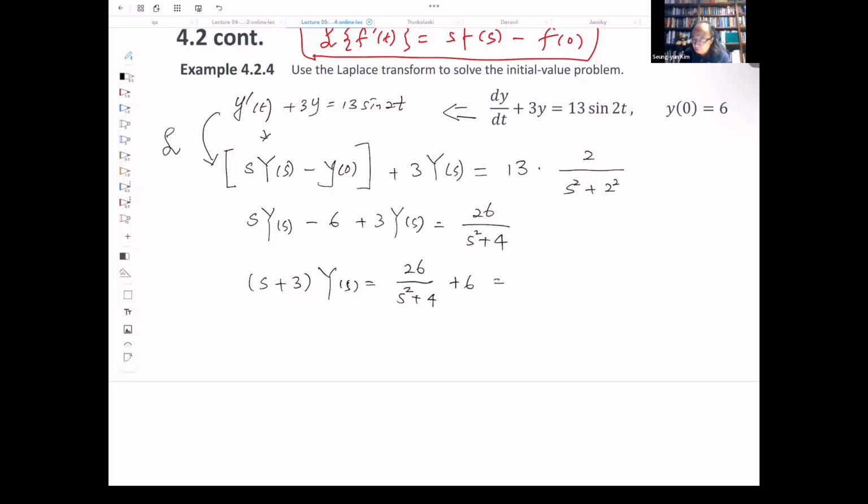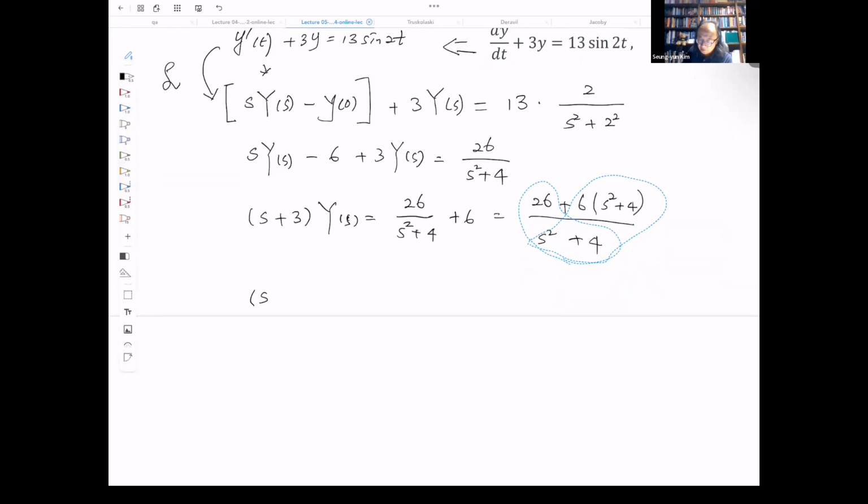We need to make the common denominator s squared plus 4. The first term we'll have 26, the second term 6 times s squared plus 4, so that when we separate this, we end up getting the same one.